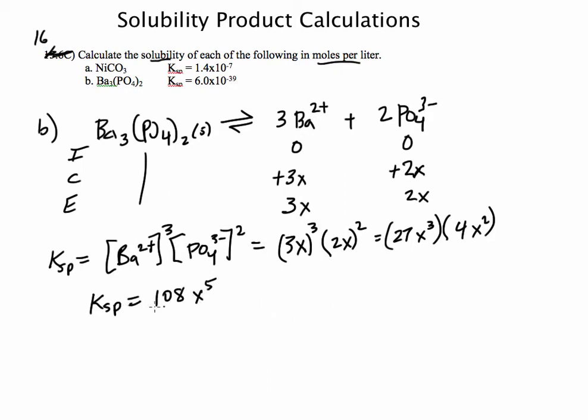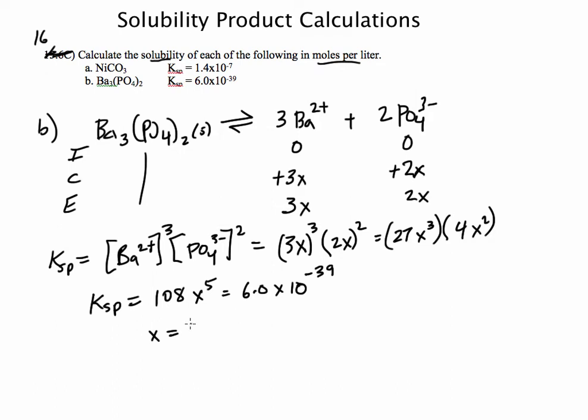So be very careful. If it's a 3 to 2 ratio, it's always going to be this. 3 to 2 ratios are always 108x to the 5th, every time. This is going to be set equal to its Ksp, which is 6.0 times 10 to the minus 39, and I can solve for x.